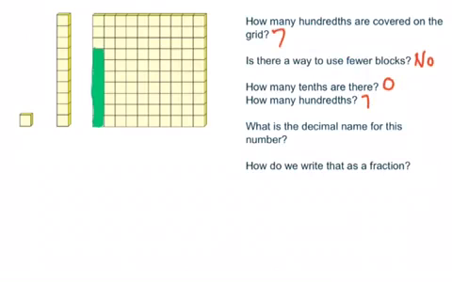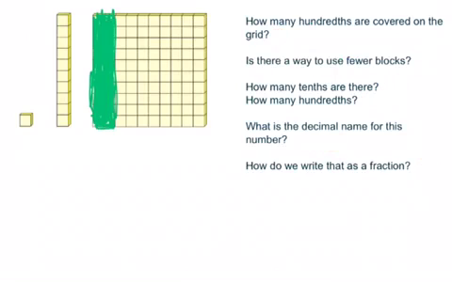Hopefully you're going to tell me it would be 0.07, because I want the 7 in the hundredths place, I have to put a place value holder of 0 in the tenths, because I don't have any tenths. So that's what it looks like as a decimal, and as a fraction, 7 hundredths. Okay, hopefully you're on board. This is now written on the page in your math journal, and we'll go on.